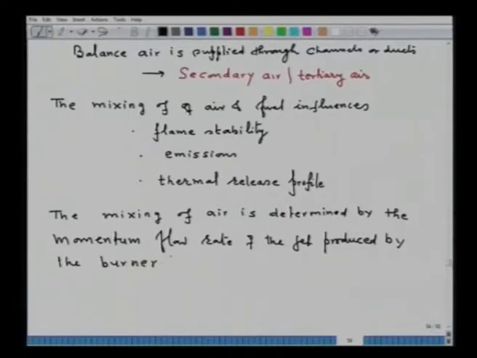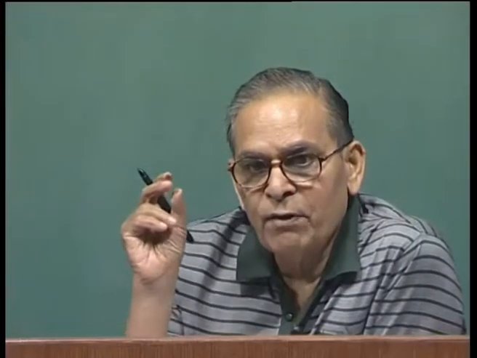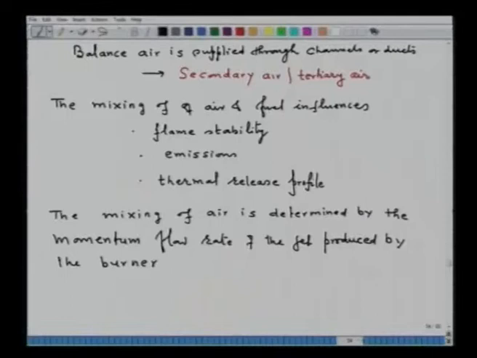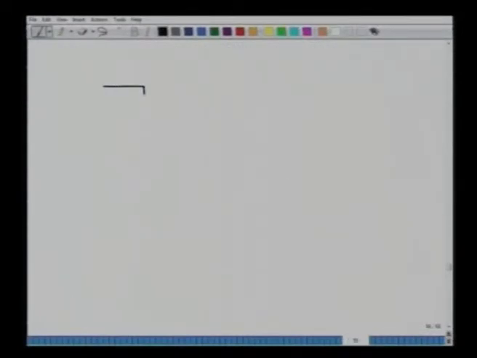when a certain quantity of air and fuel passes through the burner. So, if I can represent, say, this is my burner, this is the center line.